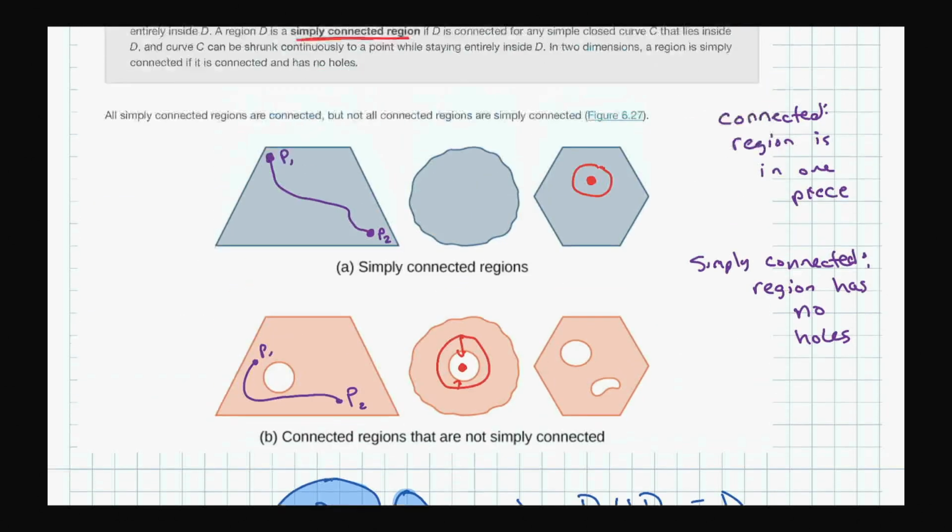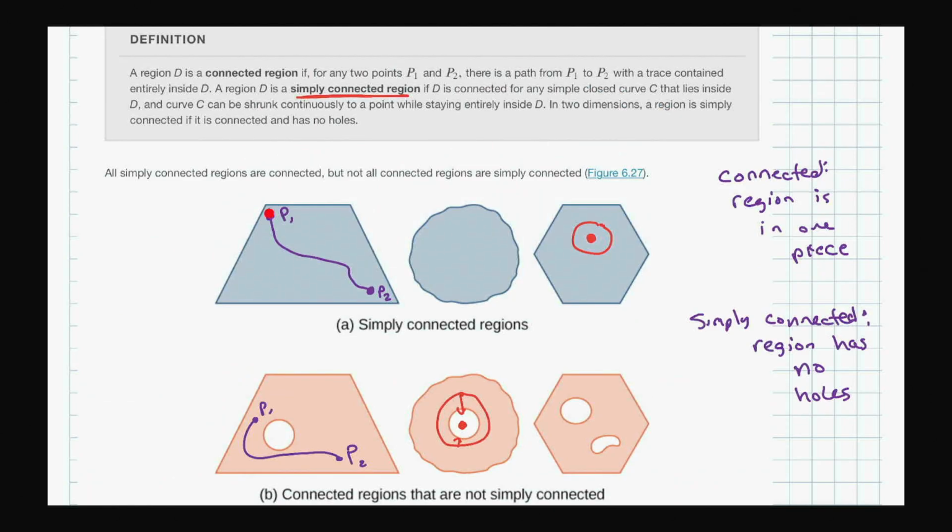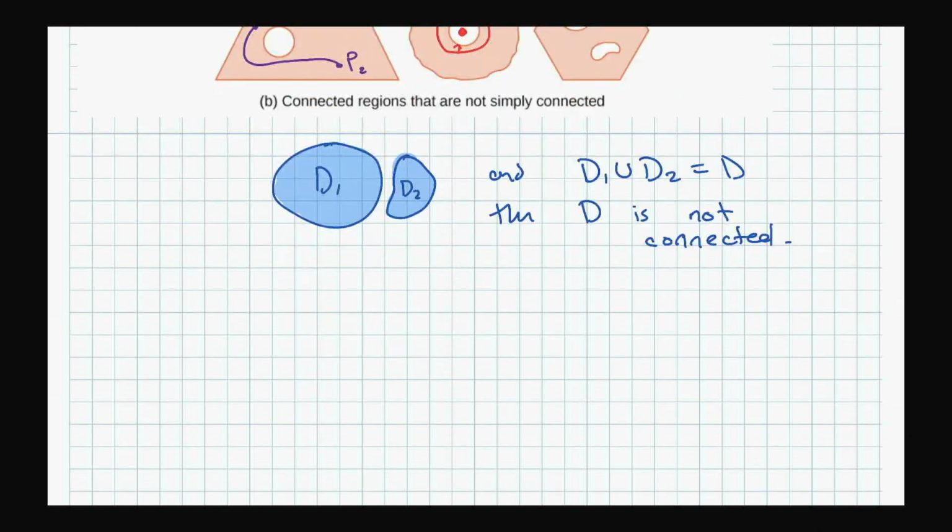Because this will fail that first test where you can connect any 2 points by a line, right? Because if you put your first point over here in D1 and you put your second point over here in D2, you can't get from P1 to P2 without leaving D. So that is not connected.